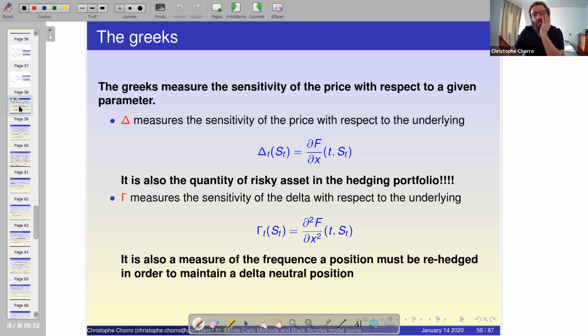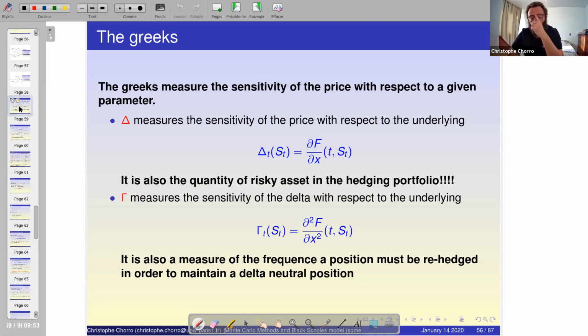The gamma is the second derivative of the price with respect to the underlying, but it can also be considered as the first derivative of the delta with respect to the underlying. So it is the derivative of the quantity of risky asset to put in the hedging portfolio with respect to the underlying. And in some sense, this quantity is also very important in the Black-Scholes model.